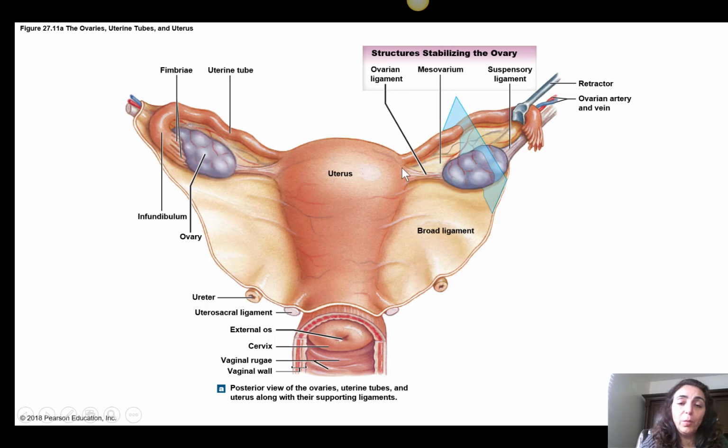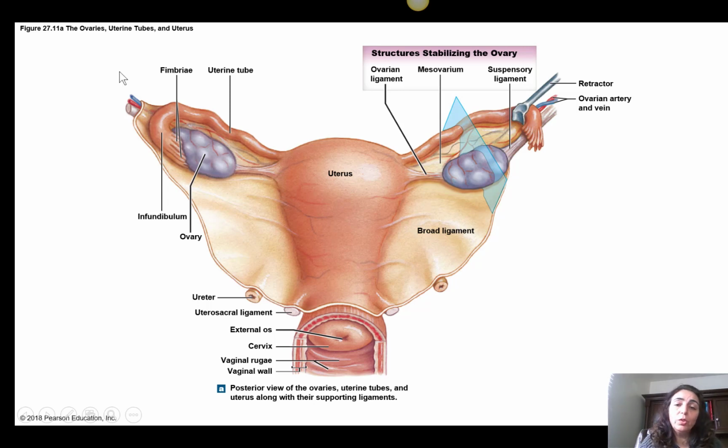The ligament that connects the ovary toward the uterus is called the ovarian ligament. The other ligament is attaching to the ovary, but it attaches the ovary to the pelvic wall. That one is called the suspensory ligament, right? Besides this one, from the corner of the uterus, on both sides, we have another ligament. We call it the round ligament.